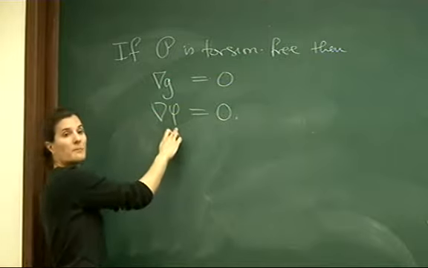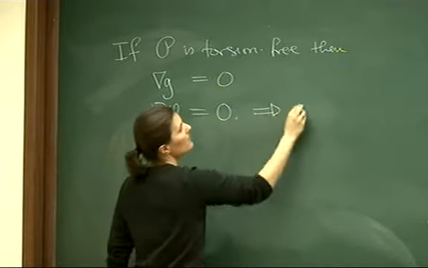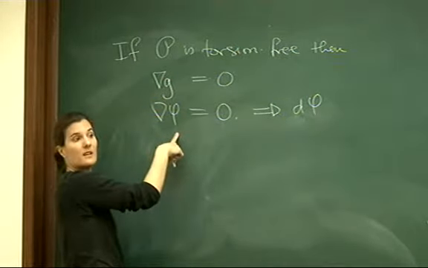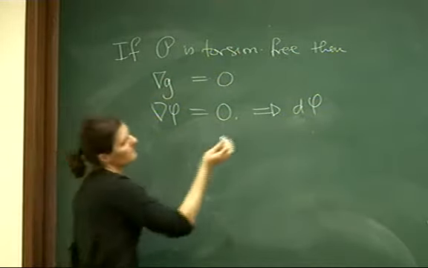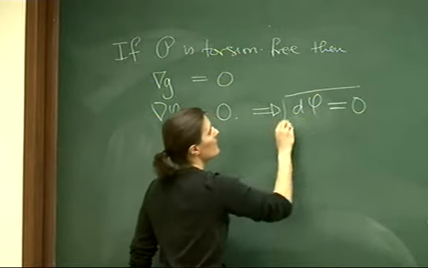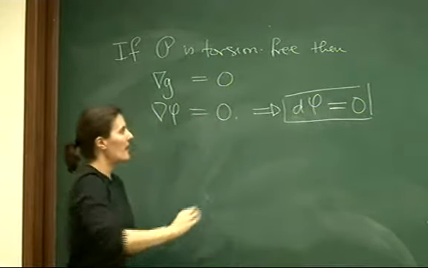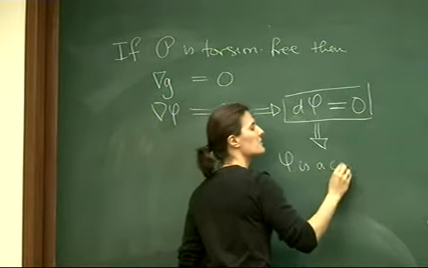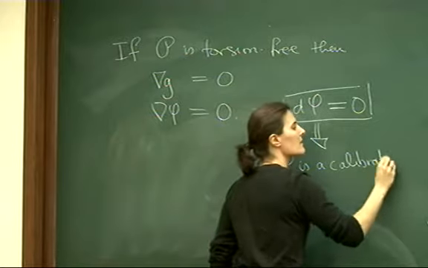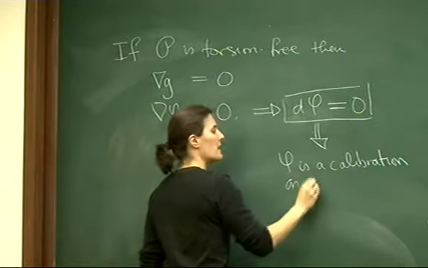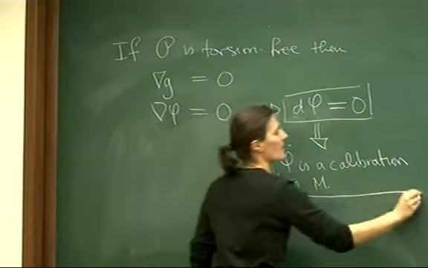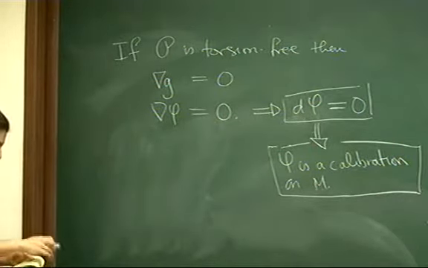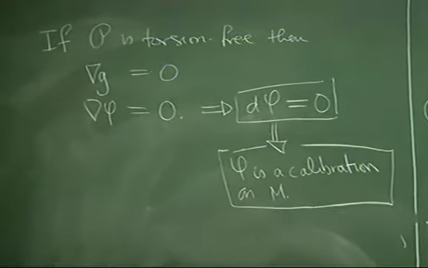And the fact that phi is parallel implies that it is closed, since the exterior derivative is just the skew symmetrization of the covariant derivative. So d phi equals 0. And this implies that phi is a calibration on it.